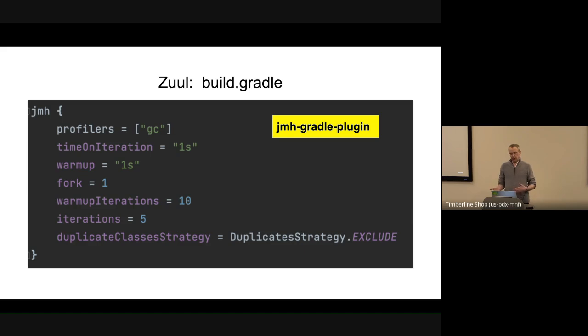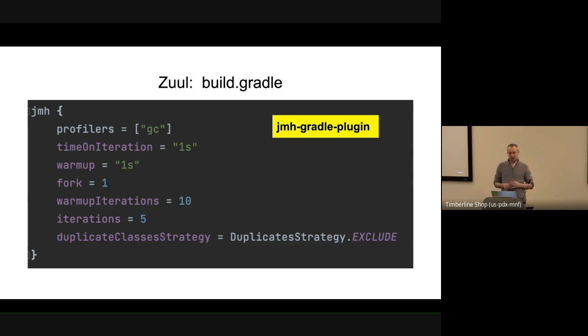But if you do use the plugin, then you have to have a declaration like this in your build Gradle file. And this tells the Gradle plugin how you want to use JMH. And that line that says profilers, it's optional, but it's fairly significant for what our team was doing.